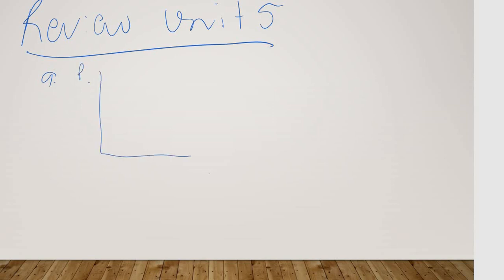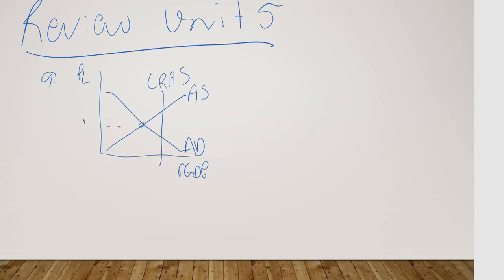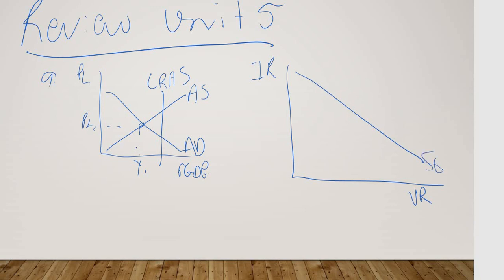So that tells you right there that we are in a recession. B, draw a Phillips curve that shows the current state of the economy. I'm just going to simplify this here. Make sure you write this out there. Alright. So that point A shows the current state of the economy.